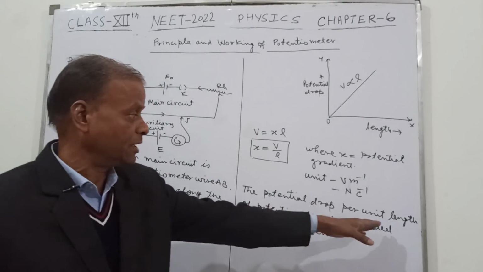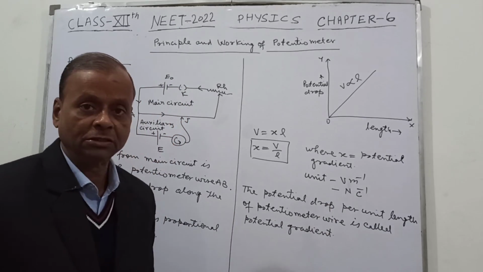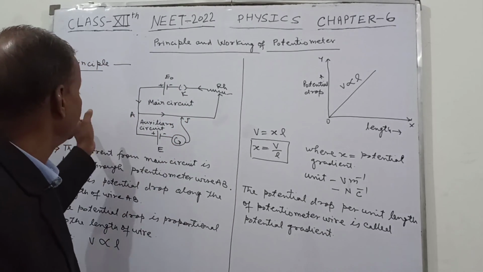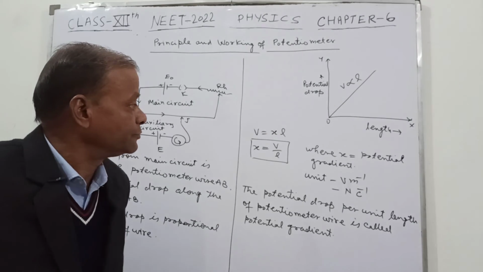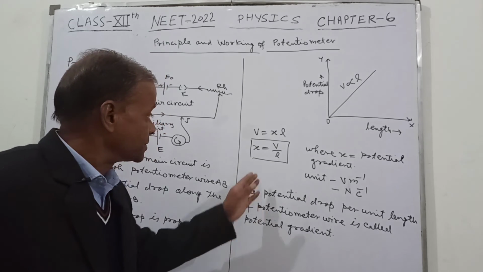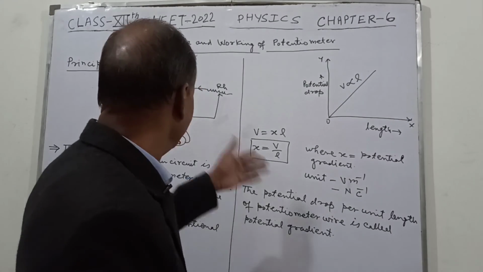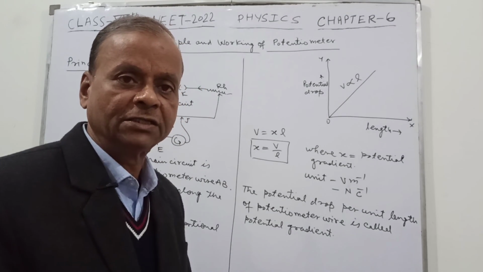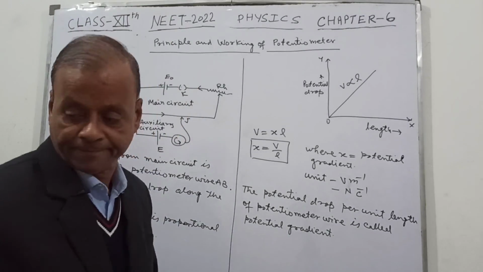Potential drop per unit length of the potentiometer wire is called the potential gradient. So this is the principle. And now I will tell you the working of this one, how does it work, how this can be used in case of this potentiometer. So now I take the working of this potentiometer.